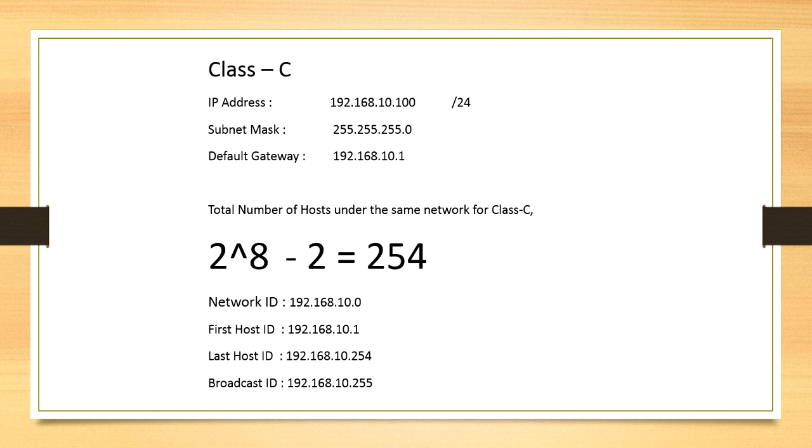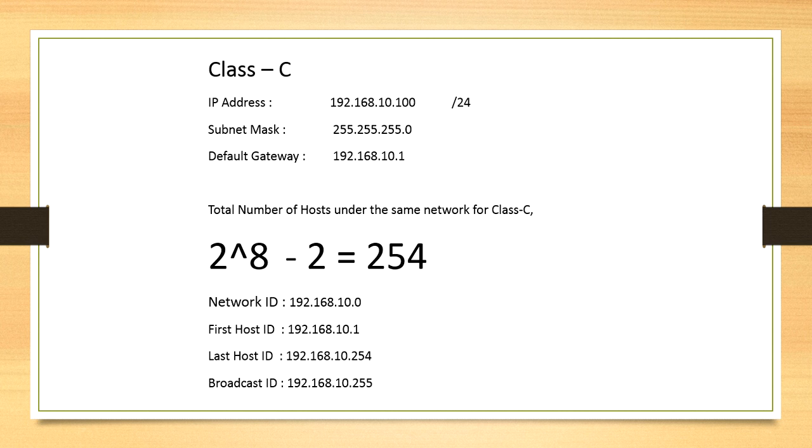We differentiate it: one kitchen, one bedroom, these different rooms, so that we can fulfill our work appropriately. Similarly, in case it is tough for you to control these 254 hosts under the same network, then we can split it up. This is where the idea of subnetting came.